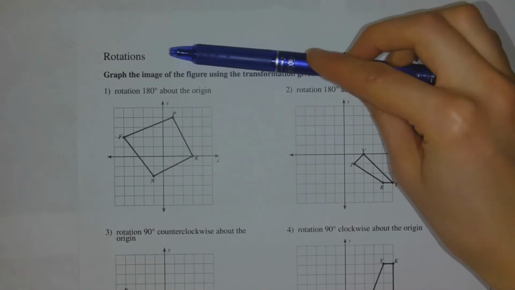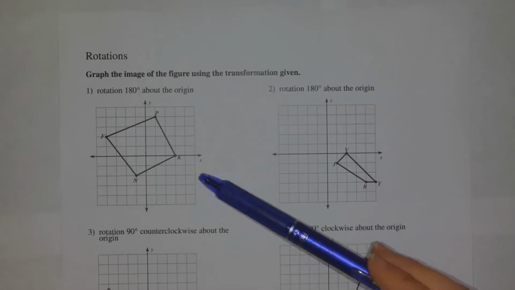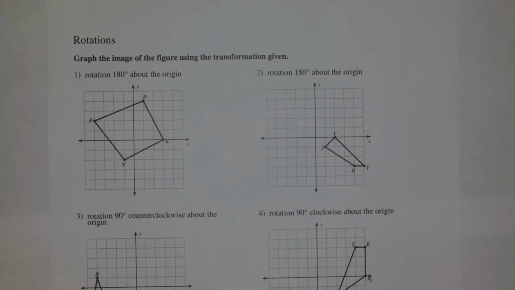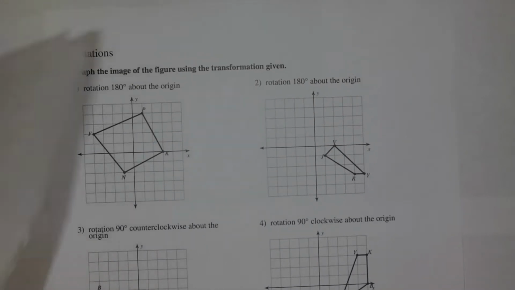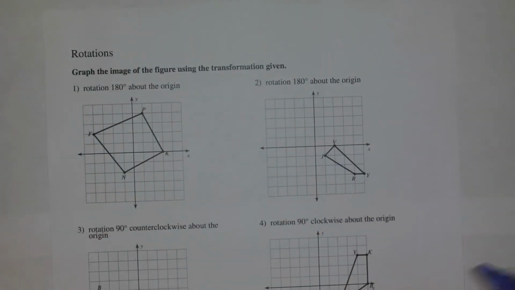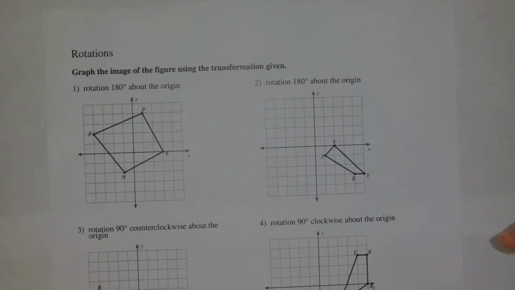In class, I gave you this sheet that you can see right here, and we did a couple of demonstrations with several of these rotations using tracing paper. You might be able to figure these things out because you're a very visual, spatial, intuitive thinker.